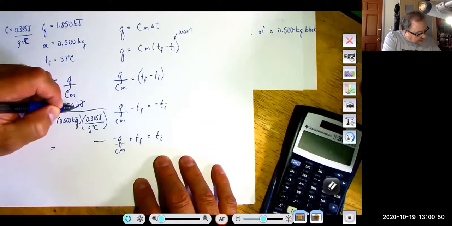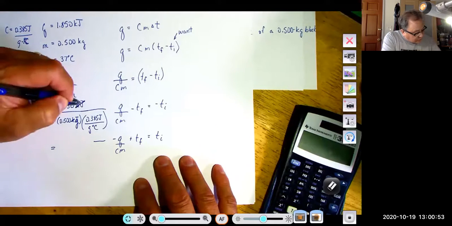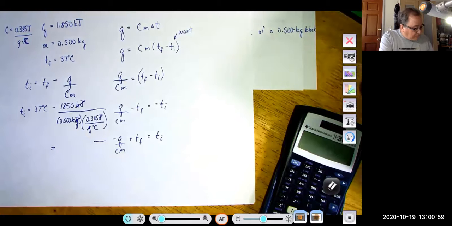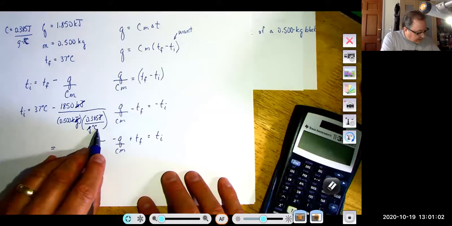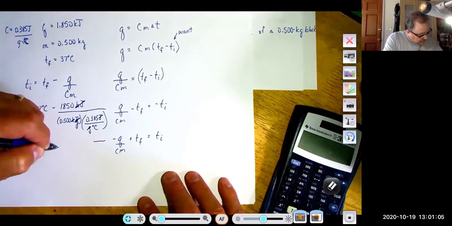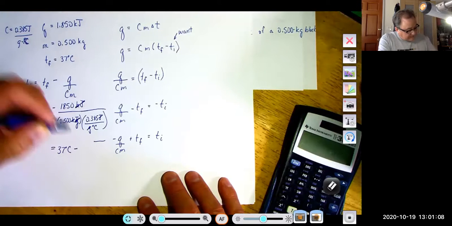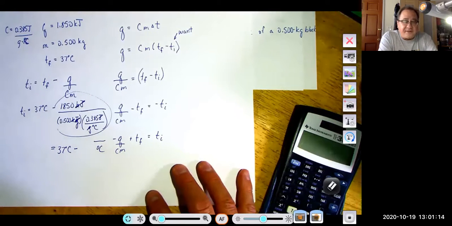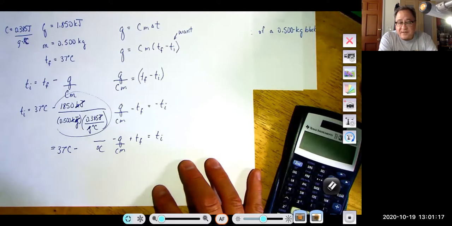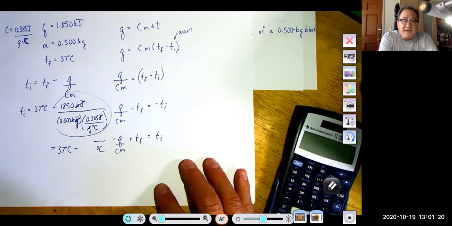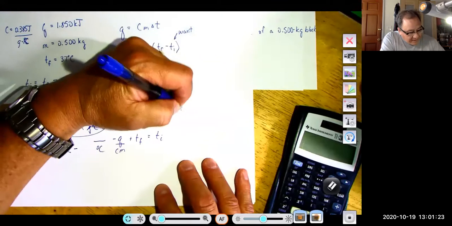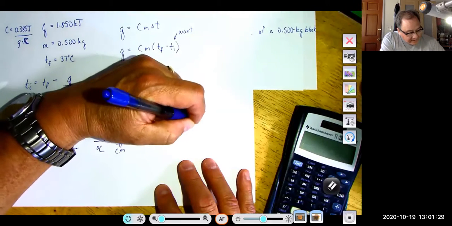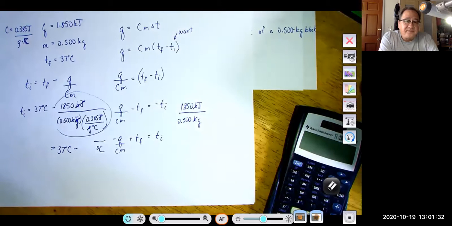This K cancels with this K. This joule cancels with this joule. This gram cancels with this gram. And we're left with degrees Celsius on the bottom, which means we're going to end up with degrees Celsius on the top. So we have 37 degrees Celsius minus degrees Celsius, and we just have to plug these numbers in. That's one of the neat things about prefixes: a prefix can cancel with a prefix, regardless of whether they belong to the same type of unit. So 1850 kilojoules over 0.500 kilograms, the K's actually cancel. And that's okay.